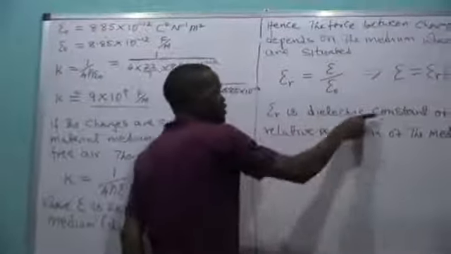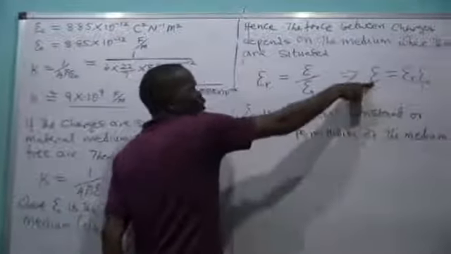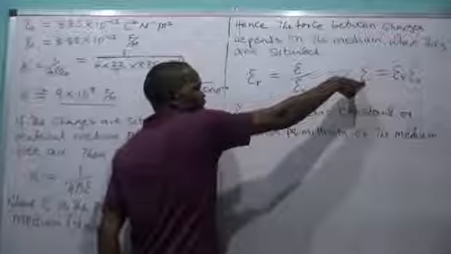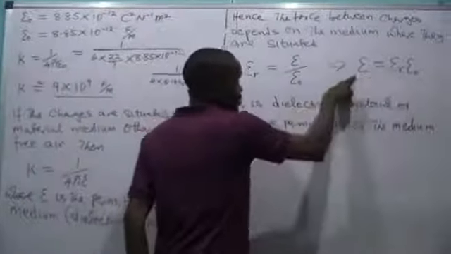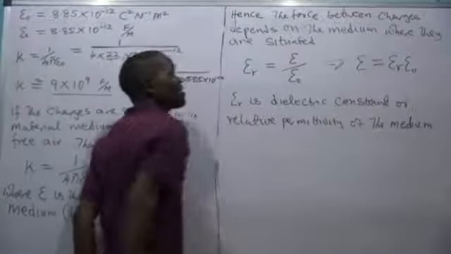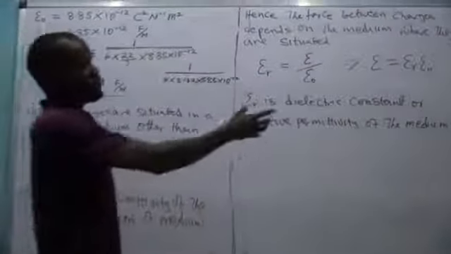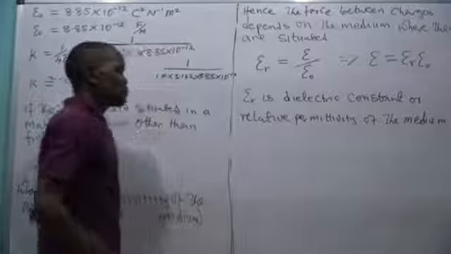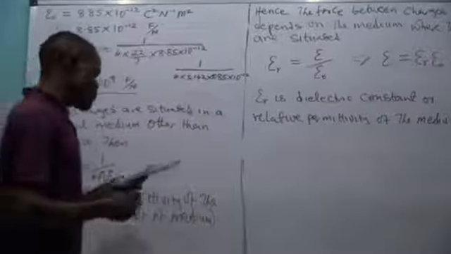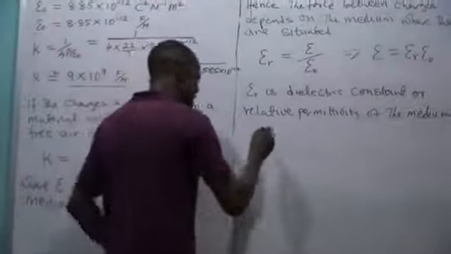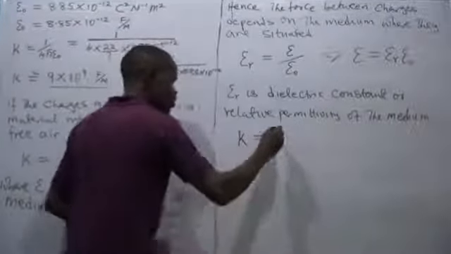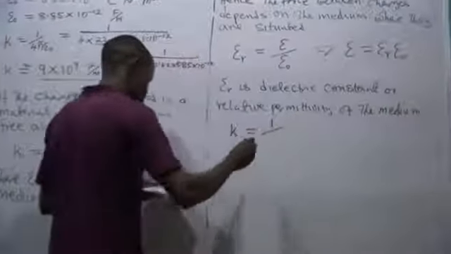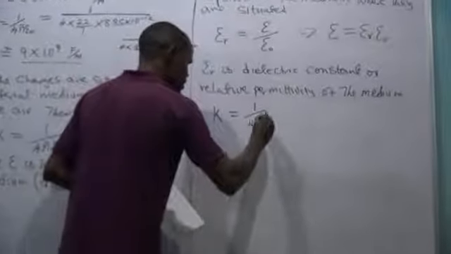In a situation where they give me the dielectric constant and I need to know the permittivity of the medium where the experiment is done, I will say epsilon is equal to epsilon R times epsilon O. So when I multiply these, I'll have this value there. I will say from this, K is equal to 1 over 4 pi epsilon.